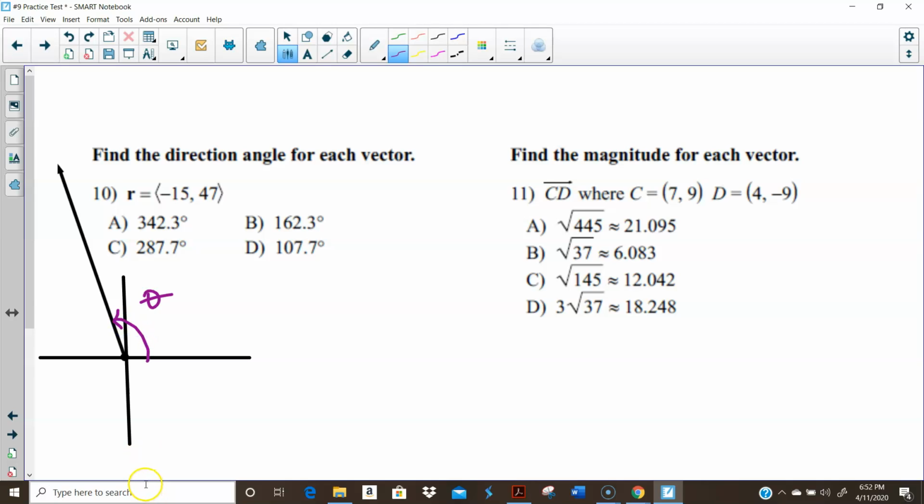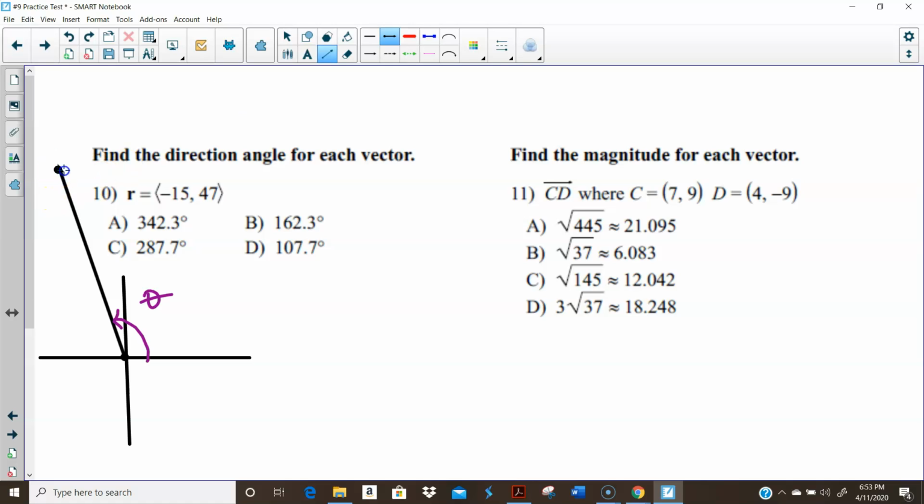So we are looking for that angle right there. If we look at the process of elimination, we know that we are in the second quadrant, which means we can cross out A, we can cross out C. 162 is in the second, so we'll keep that and we'll keep D. So it's going to be B or D.